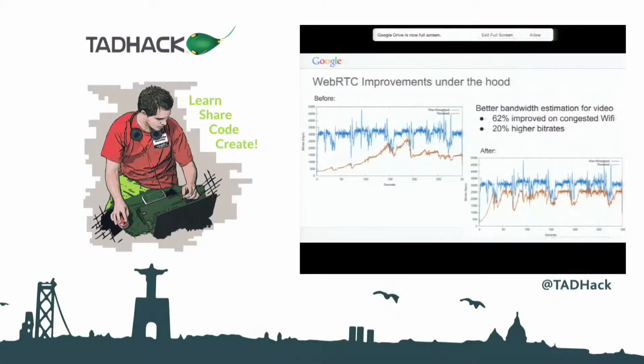So what are the WebRTC improvements that we have done under the hood that maybe are not even visible to you as a developer or as a company? We have spent a tremendous amount of time on bandwidth estimation, to bring the best quality of peer experience out to the user. Here on our old bandwidth estimation algorithm, you see we were not good at mapping the existing available bandwidth.